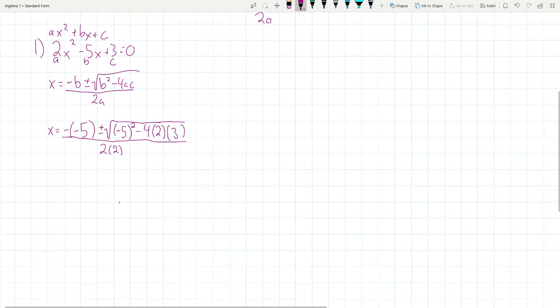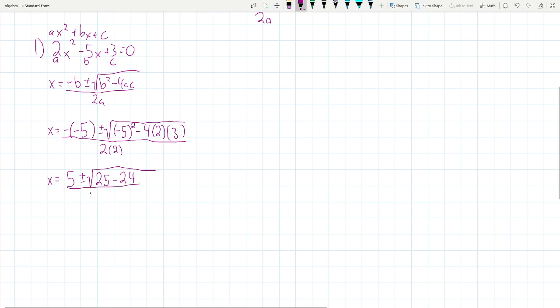This seems like a lot of numbers. It is, so we're going to work our way through it. x equals negative 5, that makes a positive 5. We're going to leave this plus or minus here, and we'll talk about what that's doing in a little bit. Square root of negative 5 squared is 25, minus 4 times 2 is 8, times 3 is 24.